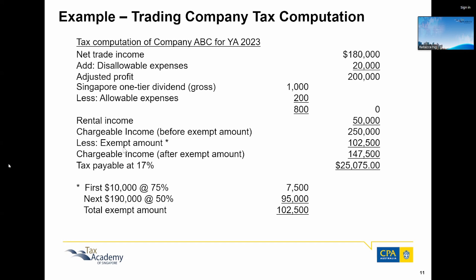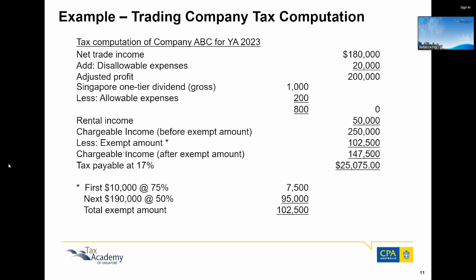The exempt amount for the year of assessment 2023 is as follows: for the first 10,000, we deduct 75%, so we come up with 7,500, and for the next 190,000 at 50%, it will be 95,000. So the total exempt amount is 102,500.